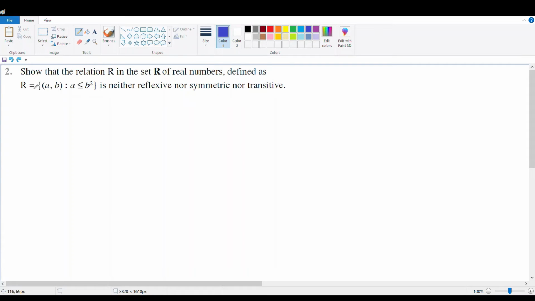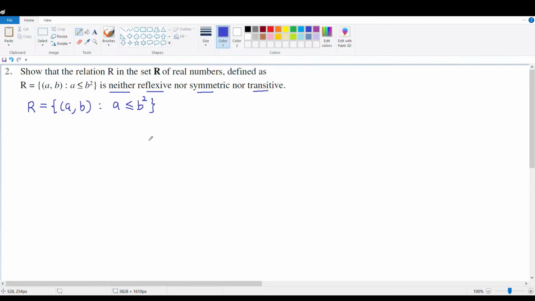Question 2. Show that the relation R in the set R of real numbers defined as R equals (a, b), where a is less than or equal to b square, is neither reflexive nor symmetric nor transitive. So what R are we given? R equals (a, b), where a is less than or equal to b square.